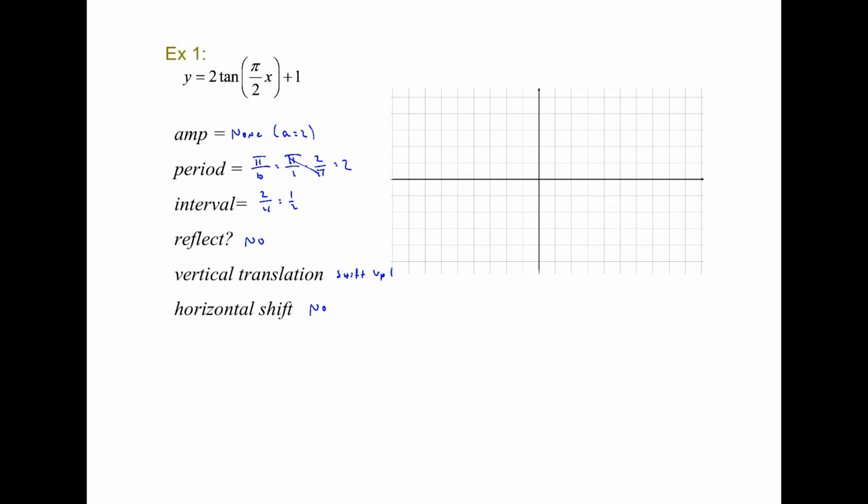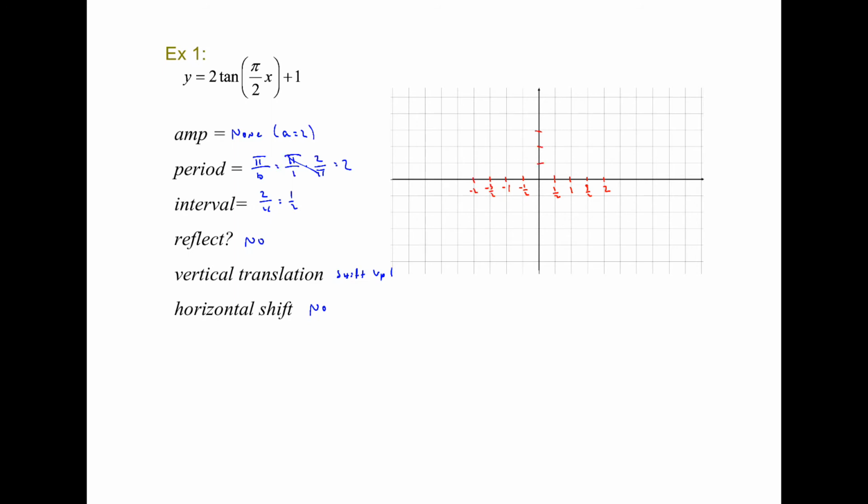So now we take the graph and we start breaking it up into our intervals and our periods. So 1, 2, 3, 4, that represents one period, which is 2, and each interval is a half. So 1/2, 2/2, 3/2, and 4/2, which would be 2. So I reduce the ones I could. I'm also going to go in the other direction, -1/2, -1, -3/2, and -2.